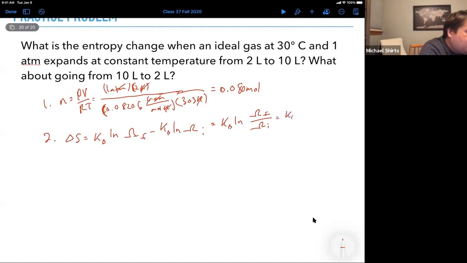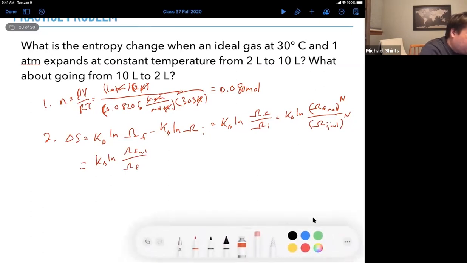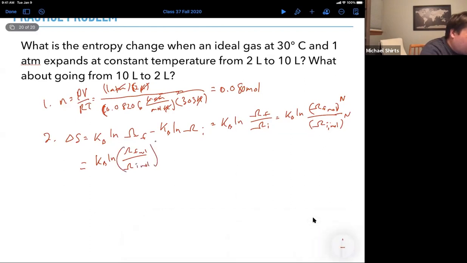So we could write this as Kb log of the final density of states per molecule to the n, where n is the number of molecules, over the initial per molecule to the n as well, because the ideal molecules don't see each other.